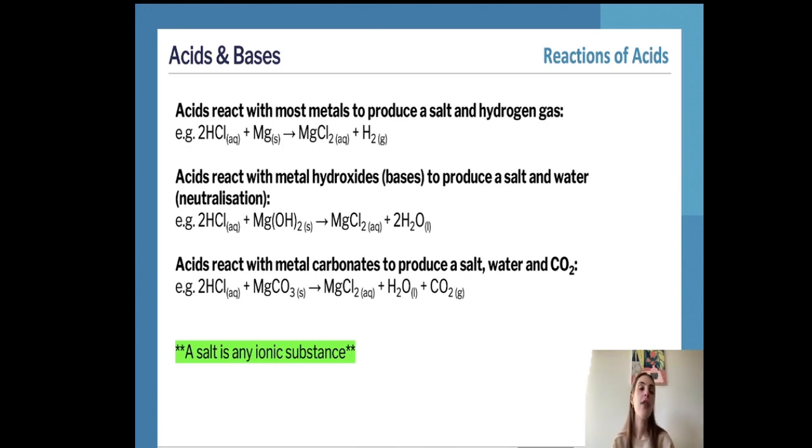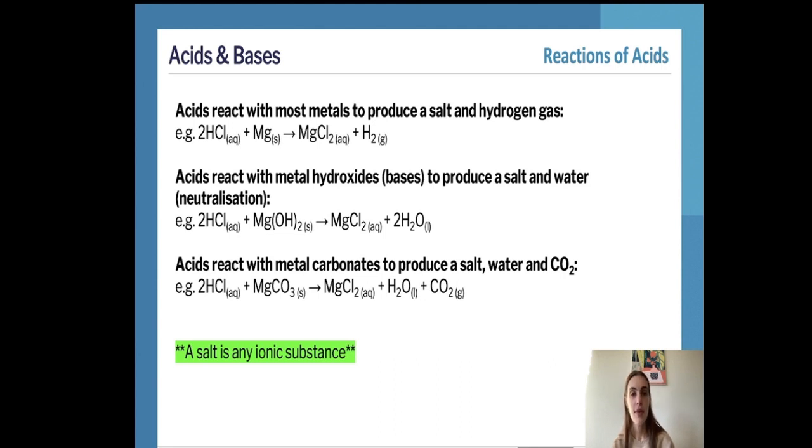Finally, we have acids reacting with metal carbonates, and this produces salt, water, and carbon dioxide. An important thing to note about this reaction is that it produces carbon dioxide, and so you will notice gas and bubbles being produced if you conduct one of these reactions.